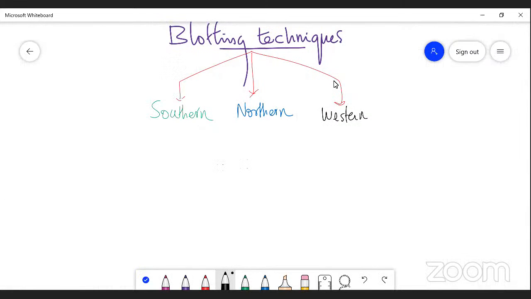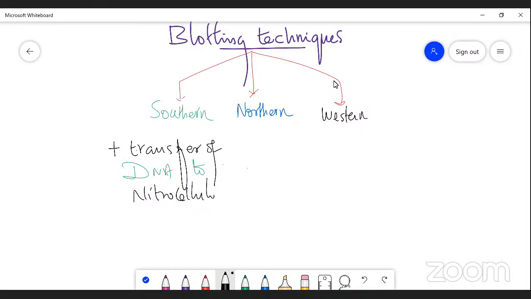Southern method is nothing but transfer of DNA to nitrocellulose membrane. So that is called the southern method.